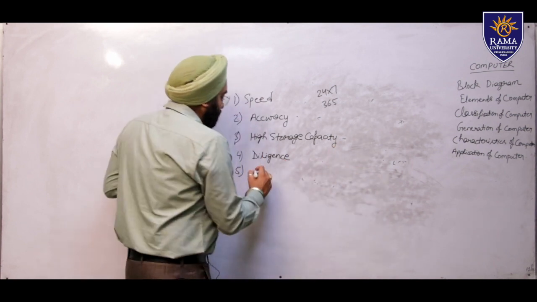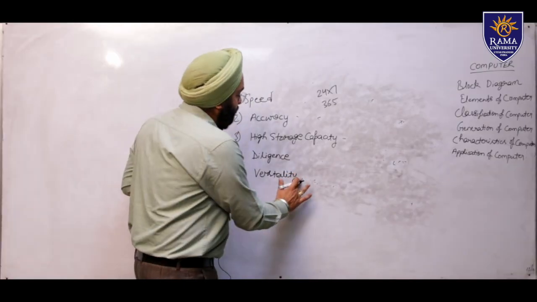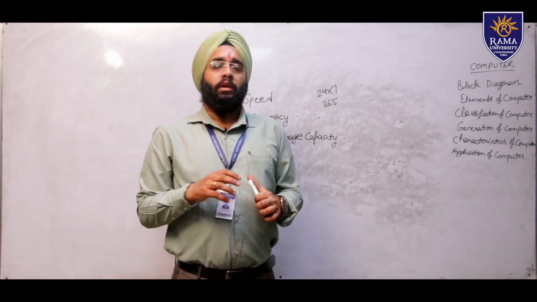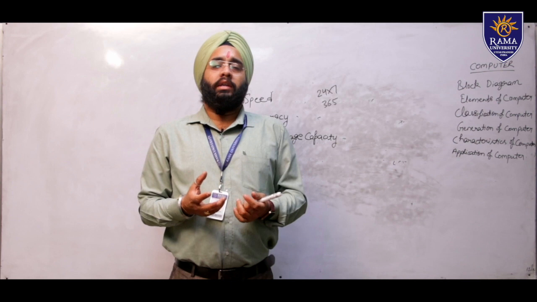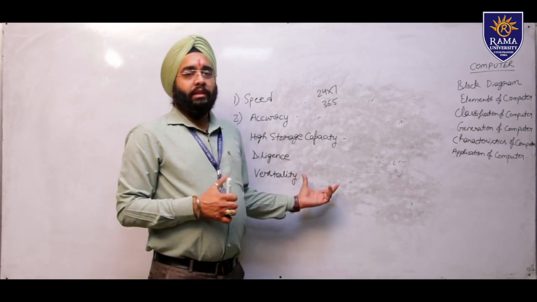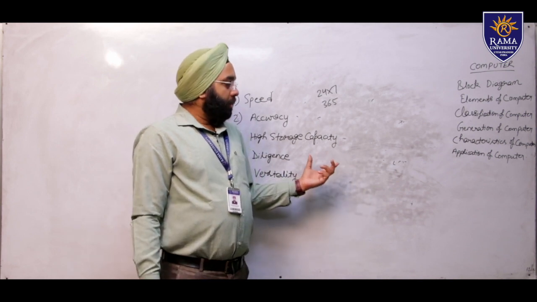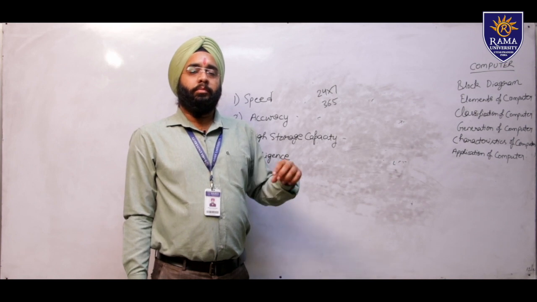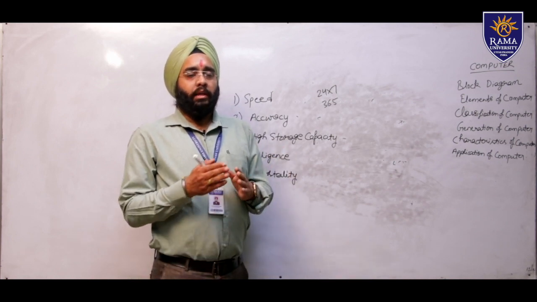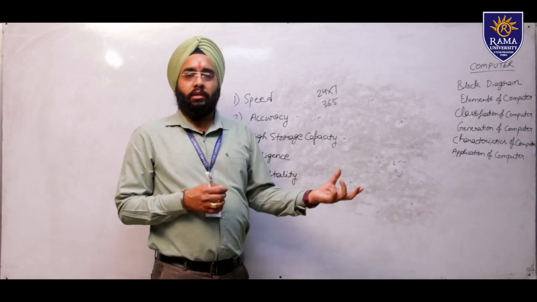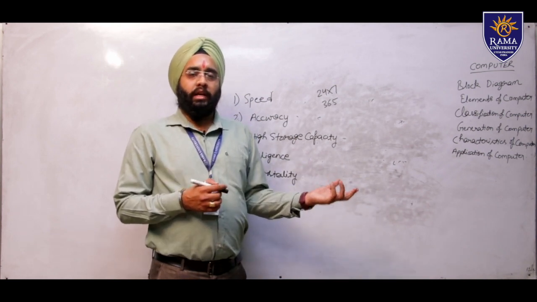Now the last one is versatility. Versatility means a person or a machine which can accomplish multiple tasks at the same time. See, with the help of a computer system, at the same time we can write our documents and print them. In parallel, we can listen to songs and chat with our friends or relatives.